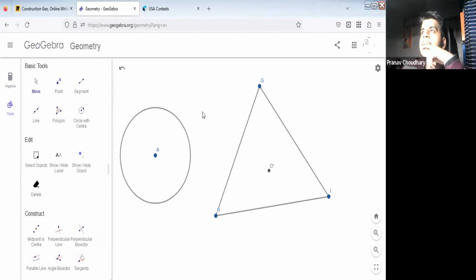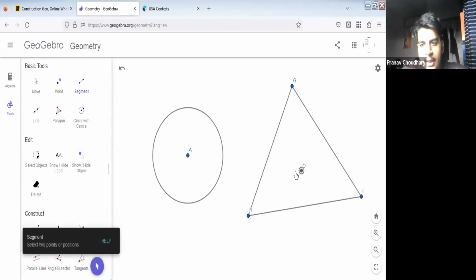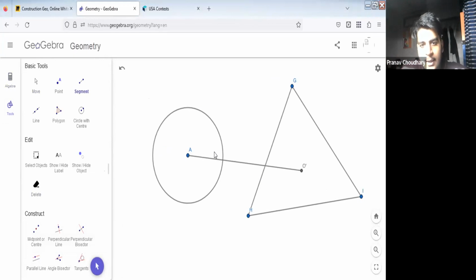Now, what do we do? Okay, so first let's just translate this triangle such that the circumcenters overlap. So basically, consider this AO dash. We need to translate. Does it make sense when I say that we need to translate this triangle such that the circumcenters overlap?